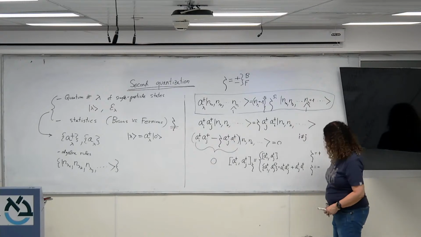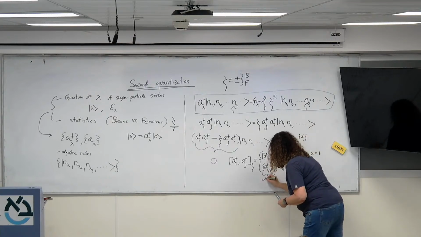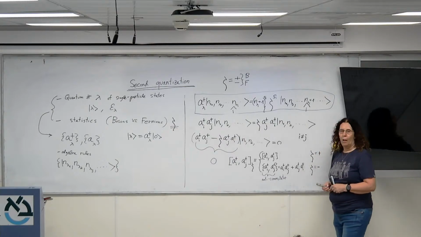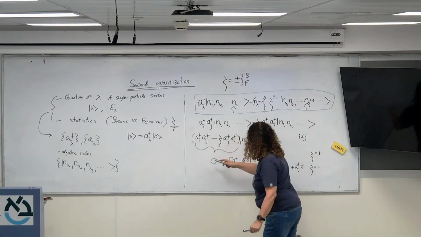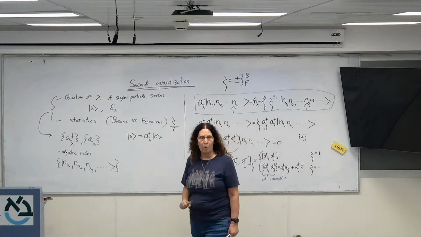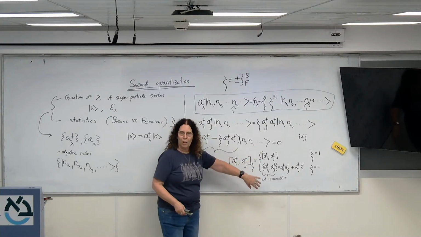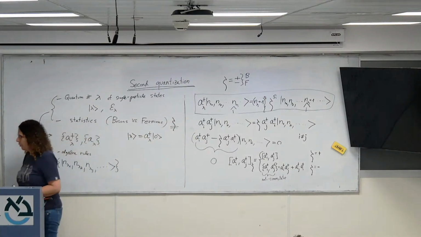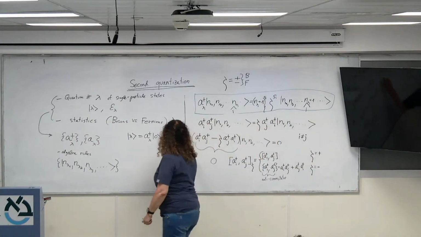So this is called an anti-commutator. And now, in both cases, we define our creation operators in such a way that this commutator or anti-commutator is zero. So, therefore, let's summarize what we got from it.